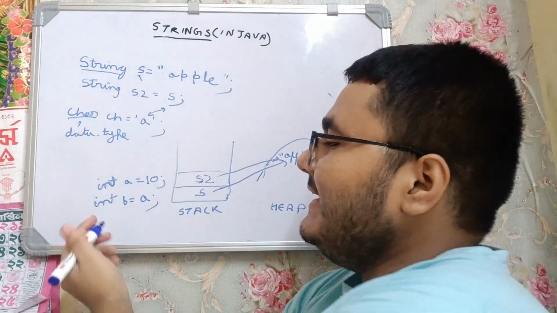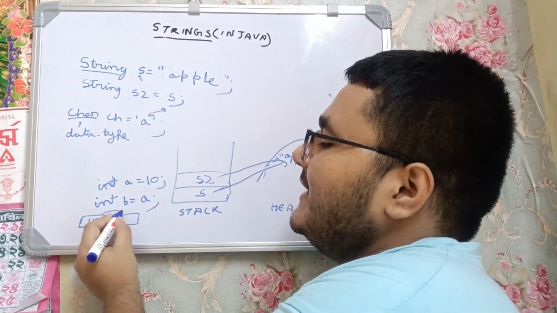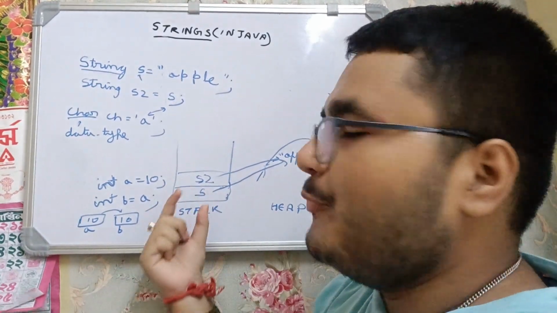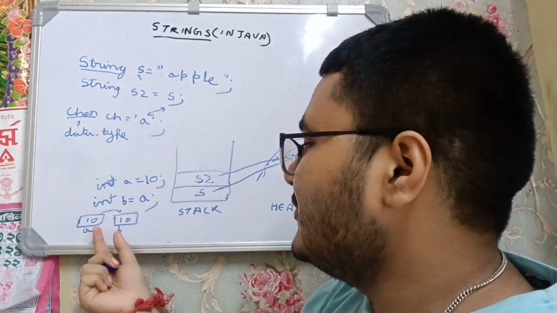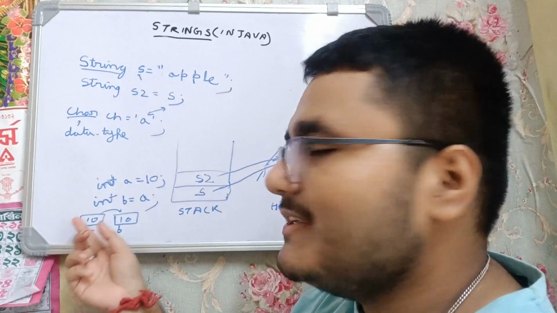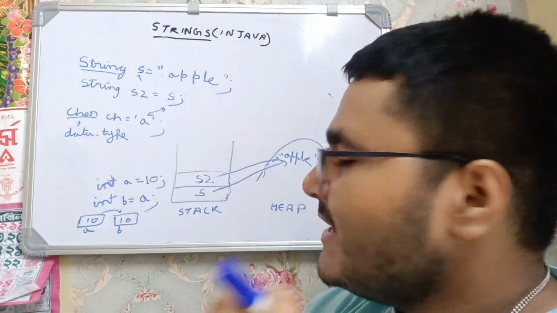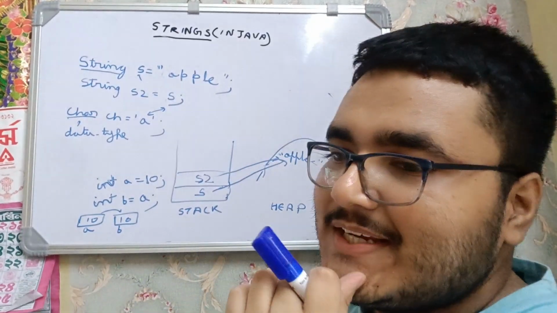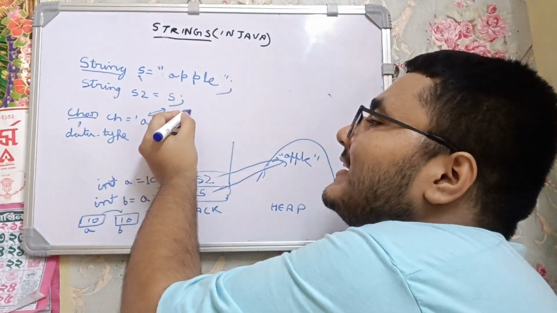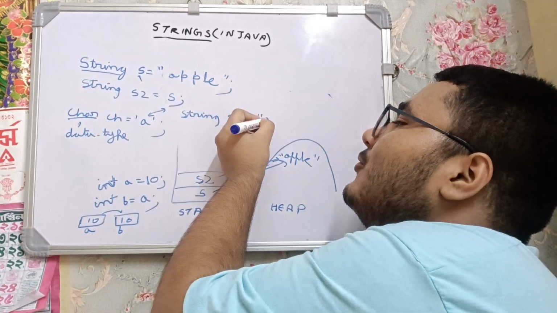Make it clear: if a is having 10, this value is just copied to b. It is not the same literal that both variables are pointing to. 10 is simply copied to b. But in case of strings, both will point to the same literal. But even after that, if you change the value of s2, I am again in another line writing string s2 is equal to say mango.